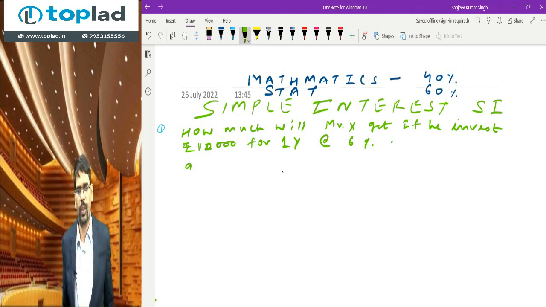Very simple question. Our institute sometimes asks this type of question. Very simple question. Very simple chapter. Our chapter today is also very simple.